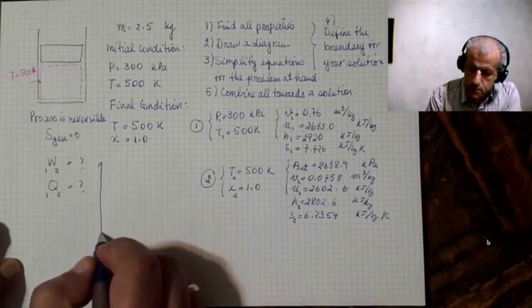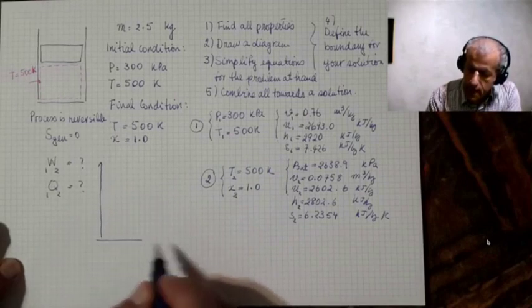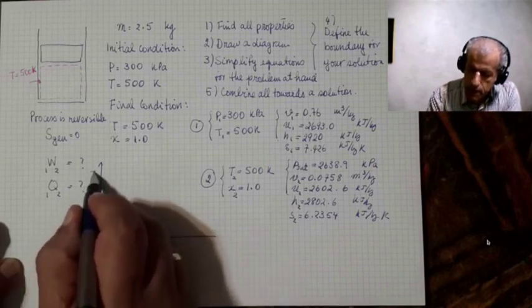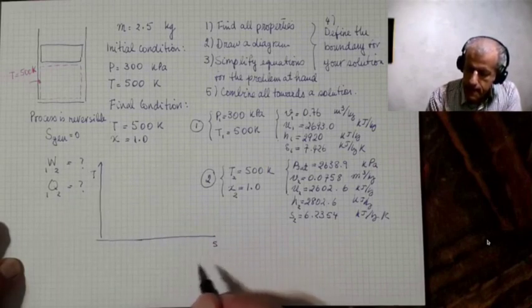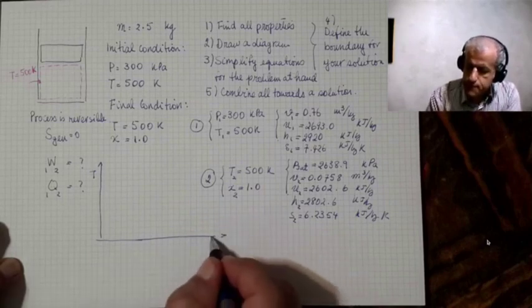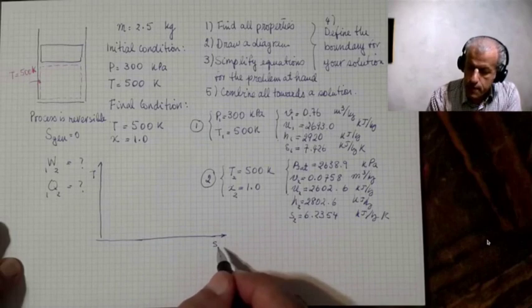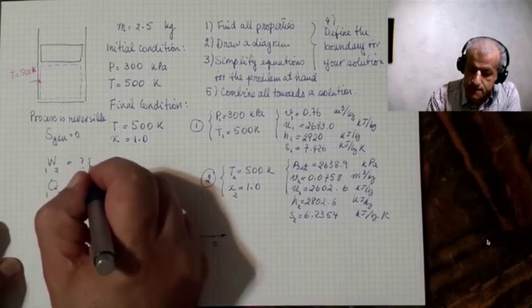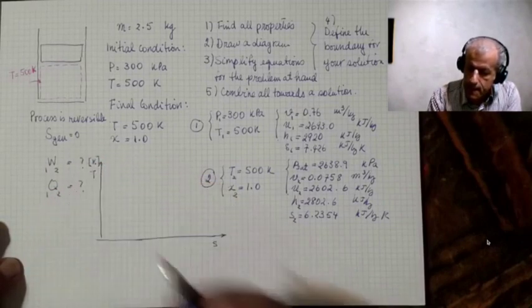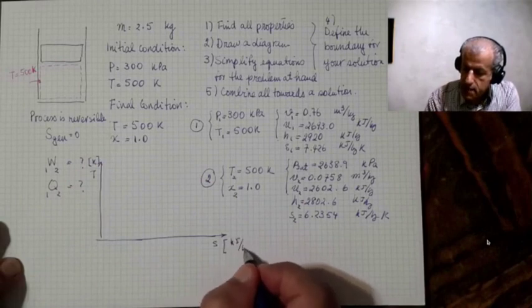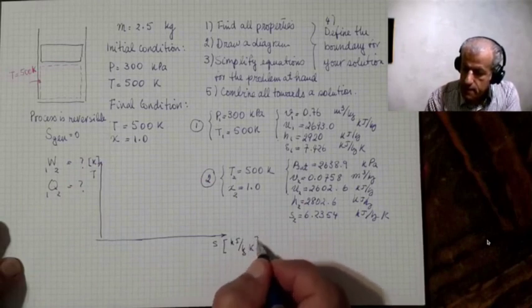Let this be a TS diagram. T is in Kelvins, and S is in kilojoules per kilogram Kelvin.